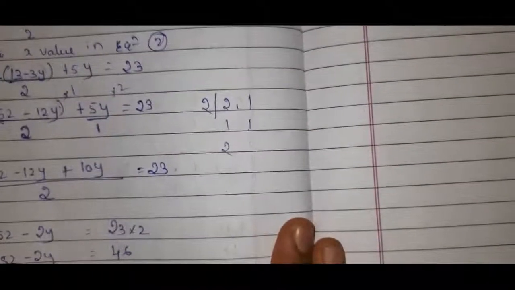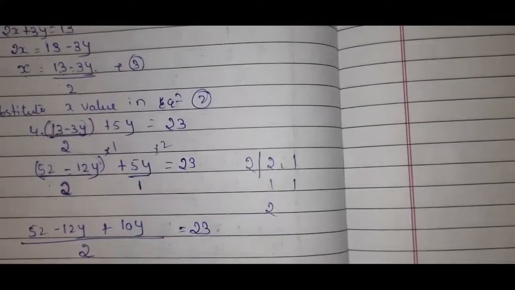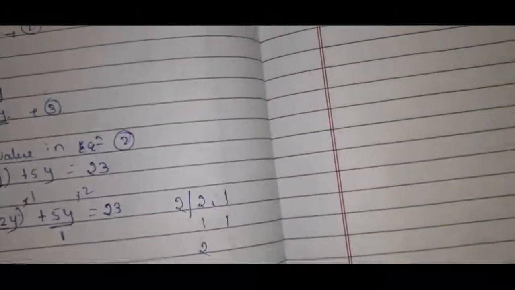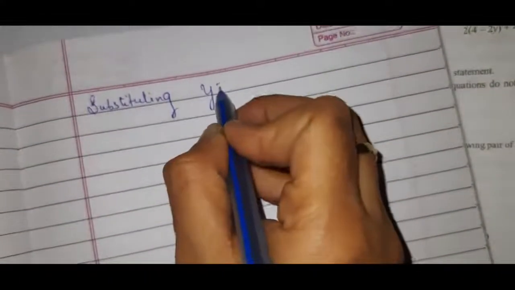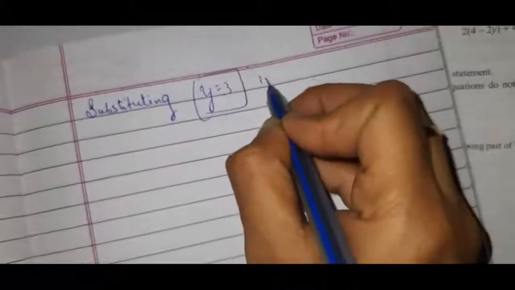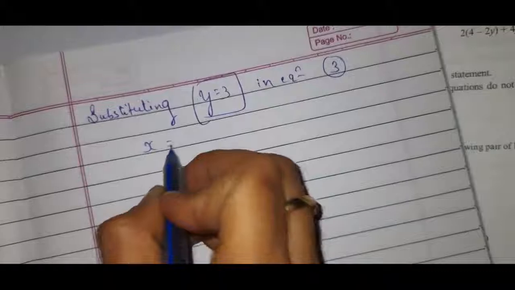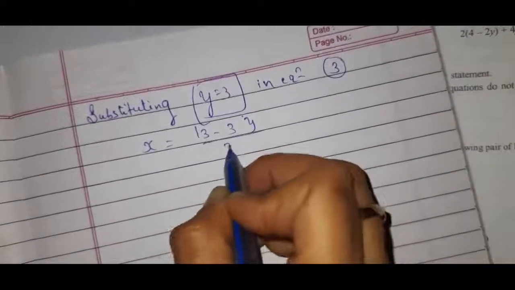In the place of y, we have to substitute 3 in equation third. What is equation third? x equals 13 minus 3y divided by 2.